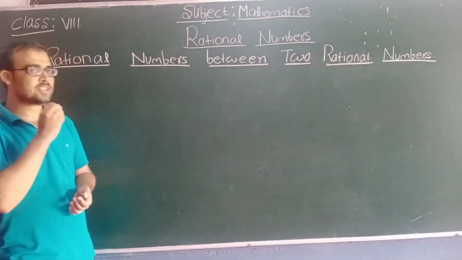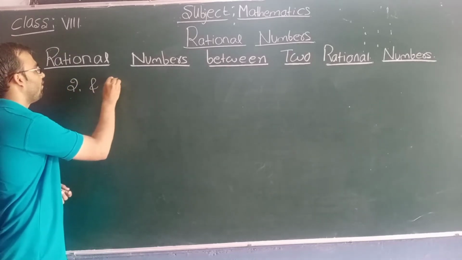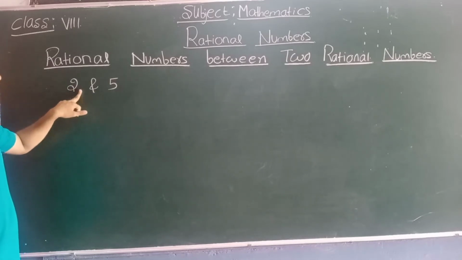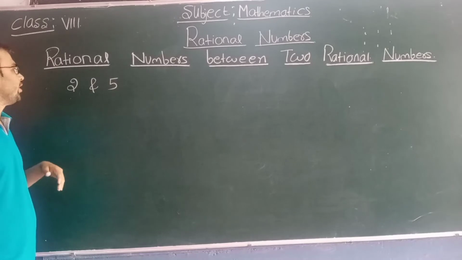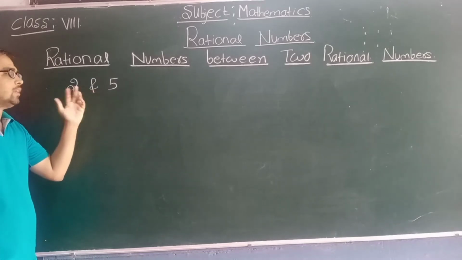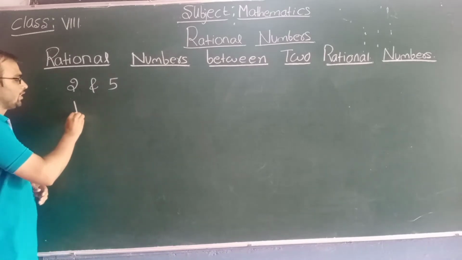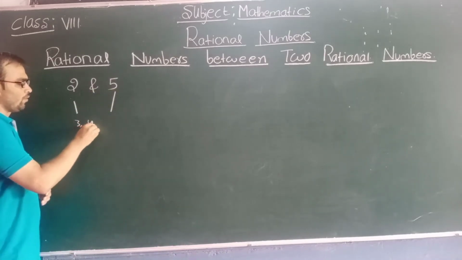Students, if I ask you to write the numbers between 2 and 5, these two are rational numbers. We know that 2 as well as 5 are rational numbers. So what will you write? The numbers between 2 and 5 are 3, 4.